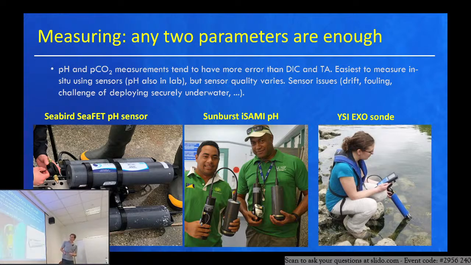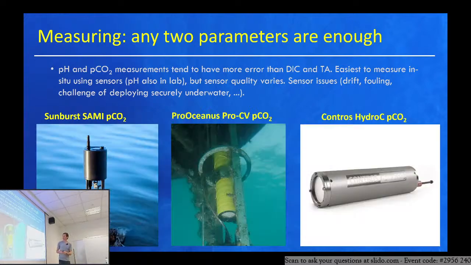For PCO2, similarly, here's the one that we have on our MES Envoy. That's the photo after cleaning off all the biofouling. Half an hour before, it looked a whole lot more ugly. So that's the kind of problem that we have with sensors.